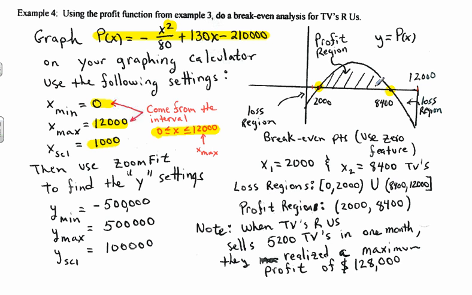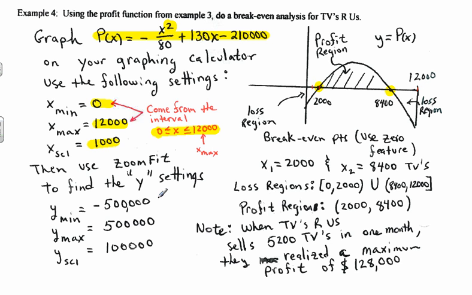Now to get the y settings, I use the zoom fit feature of the calculator. So I hit the zoom button, which is the third button underneath the screen on the calculator, and then I go to the button that says zoom fit. The calculator is going to sketch the graph of this parabola over the interval from x equals 0 out to x equals 12,000.